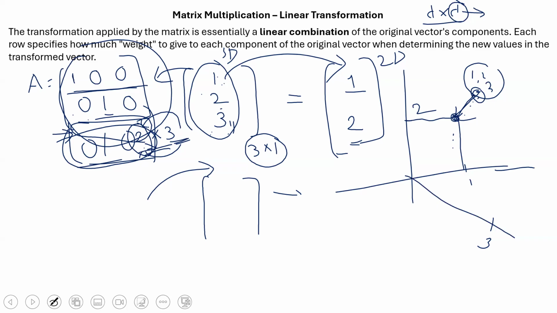So these are all matrix multiplications. Matrix multiplication is transforming the points, rotating the points, scaling the points, and also projecting the points from higher dimensionality to lower dimensionality. That is what matrix multiplication is doing.